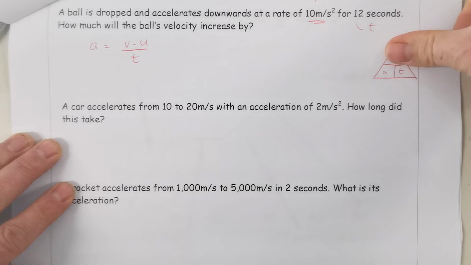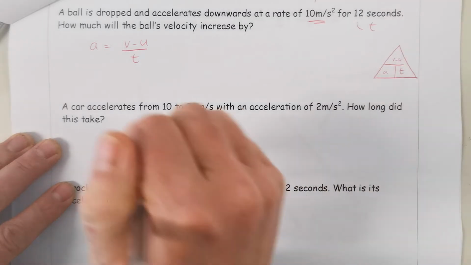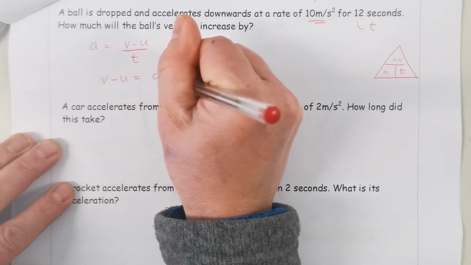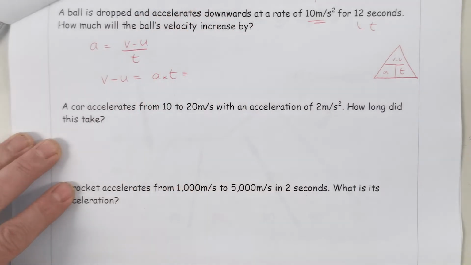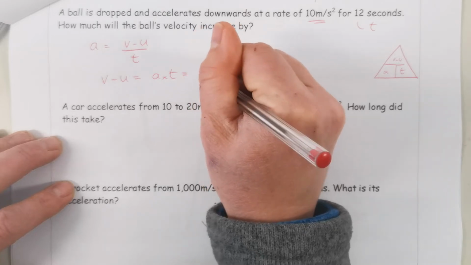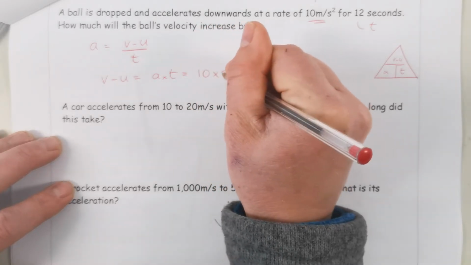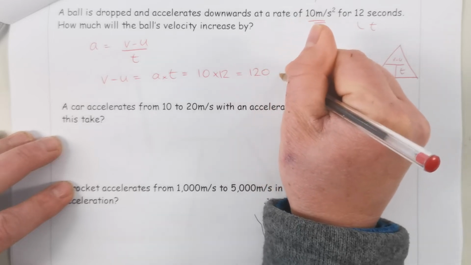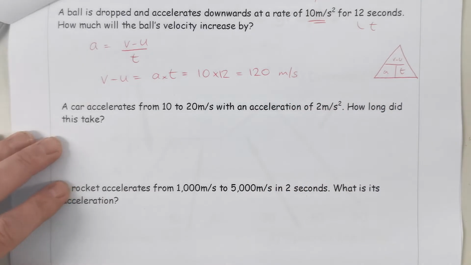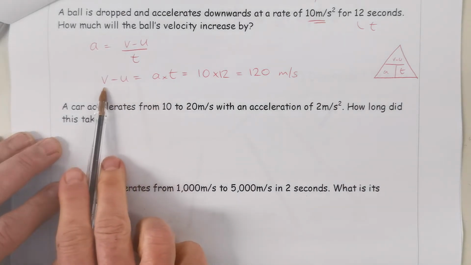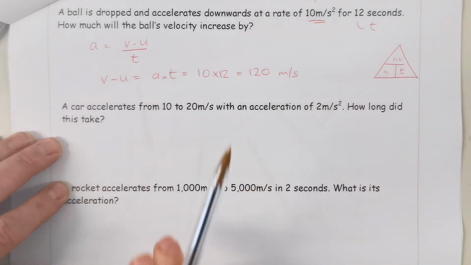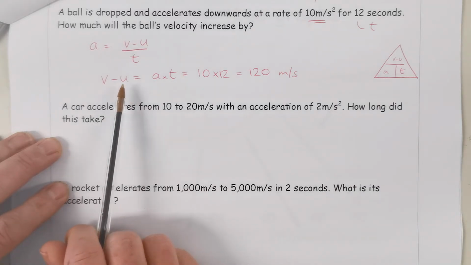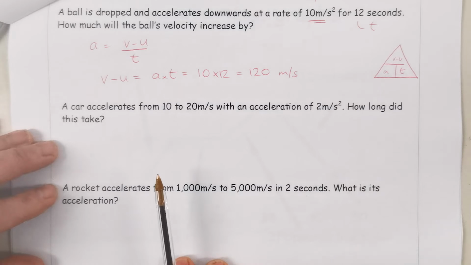V minus U is what we're trying to calculate. V minus U equals A times T, or AT, which is acceleration 10 times 12, 120 meters per second. That is actually the answer in this question, because they've asked you for the increase in velocity. You could assume that it was travelling initially at 0, but it doesn't actually say that. So that is the correct answer.